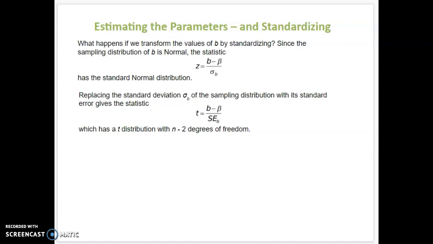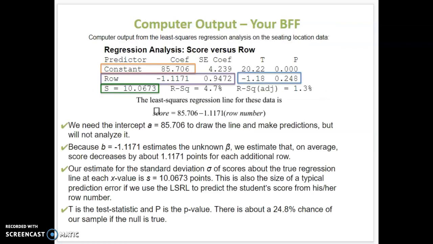Looking at the z-scores, we end up with a normal distribution, but since we don't know what sigma is, when we replace it with its standard error, this gives us a test statistic. And then degrees of freedom, instead of n-1, like what we were used to back in the early chapters, is now n-2. And I always just think we have two variables now. We have the x and the y. And then that test statistic is really what we're using for our hypothesis test.